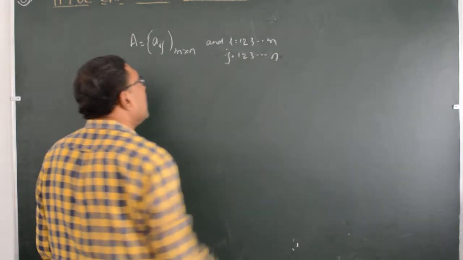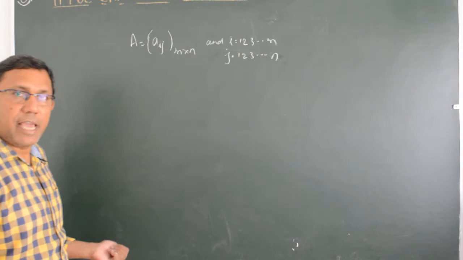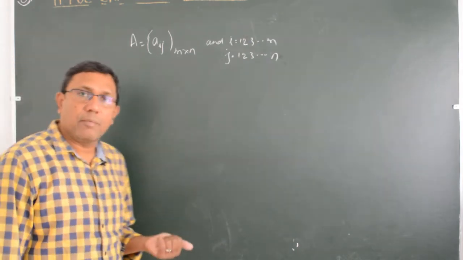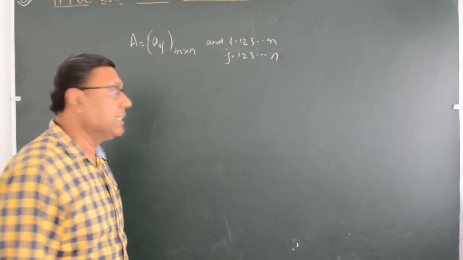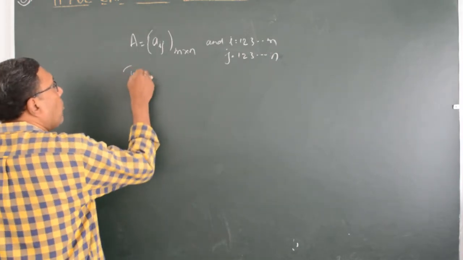That means we have a matrix A which has m rows and n columns, with elements a_ij.